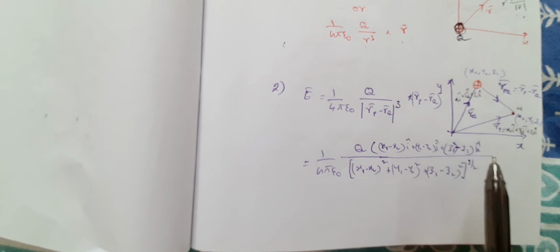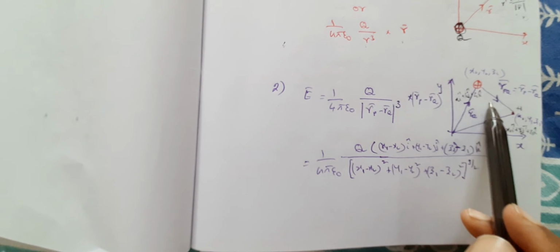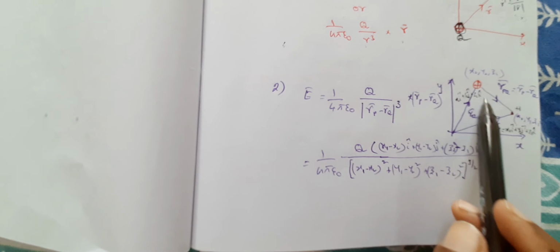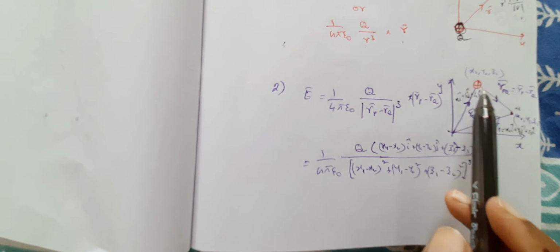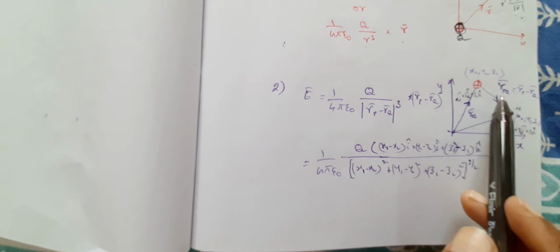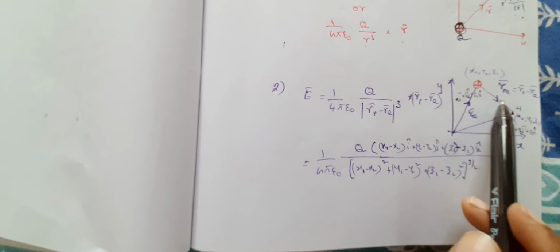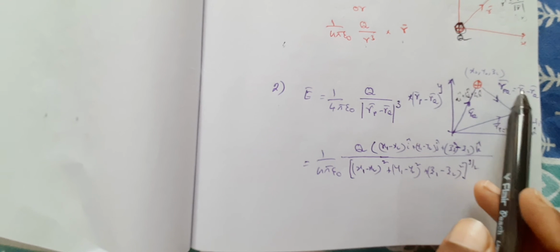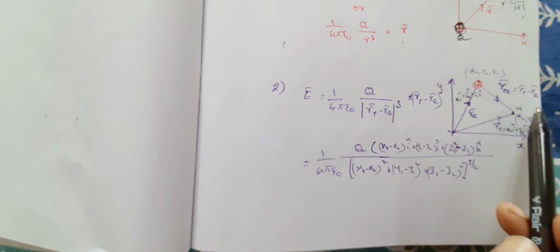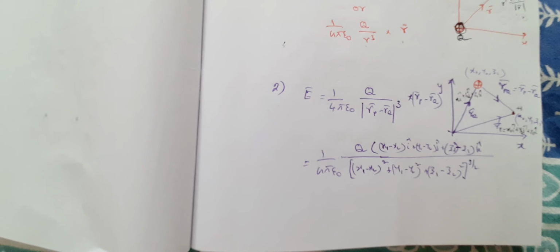Now the point here is that we want the distance between these two. So I should know what this vector is, and this vector is rpq bar, that is rp bar minus rq bar.